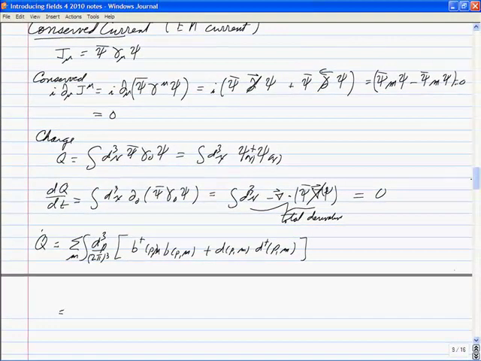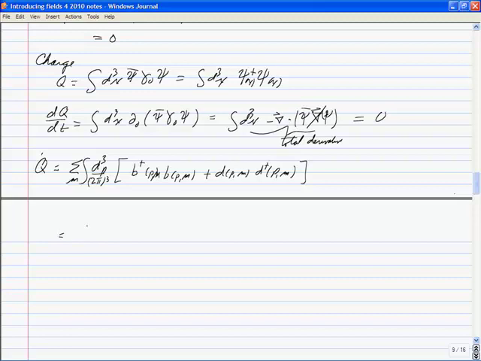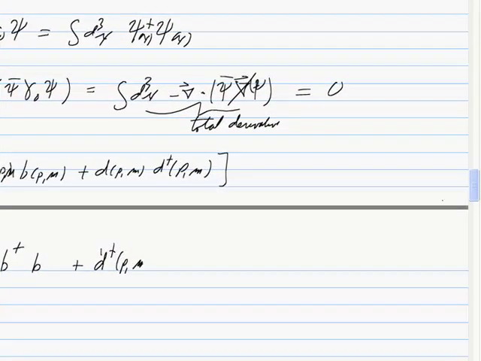And we put that into the number operator, so you invert that: sum over m, integral d3p, b dagger b, so this first term is the same, plus the second term is then d dagger of p and m, d of p and m, and there can be some 0-point charge if you want.